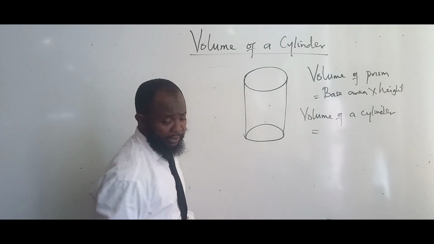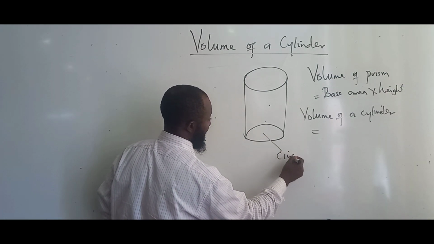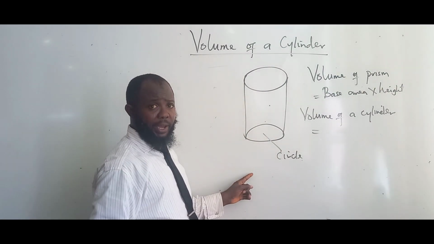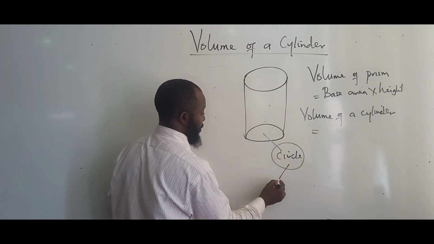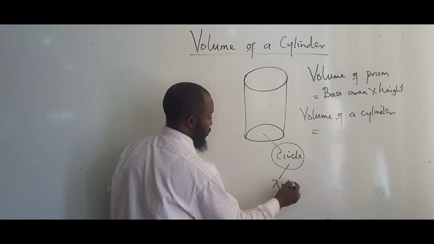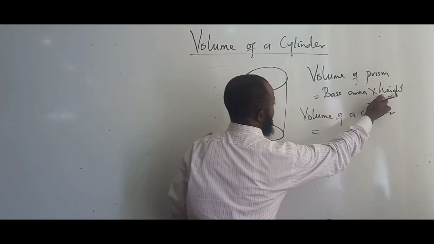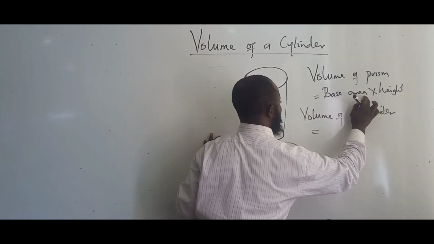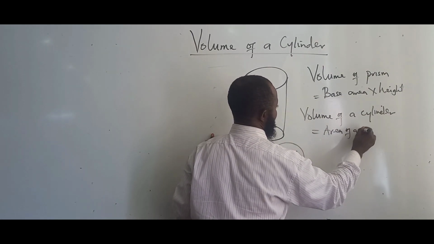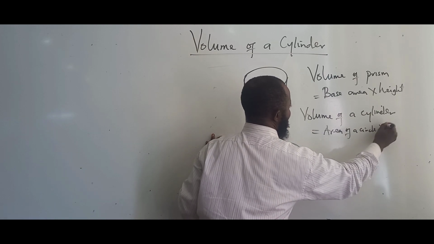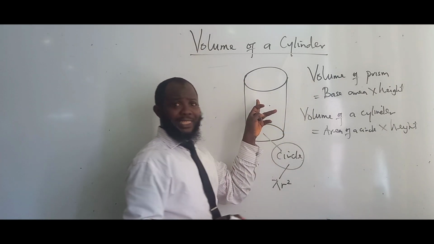The base of the cylinder is in form of a circle. Is that right? So meaning that we must calculate the area of this circle here, which is what? Pi r squared. After that, multiplied by the height of the cylinder.